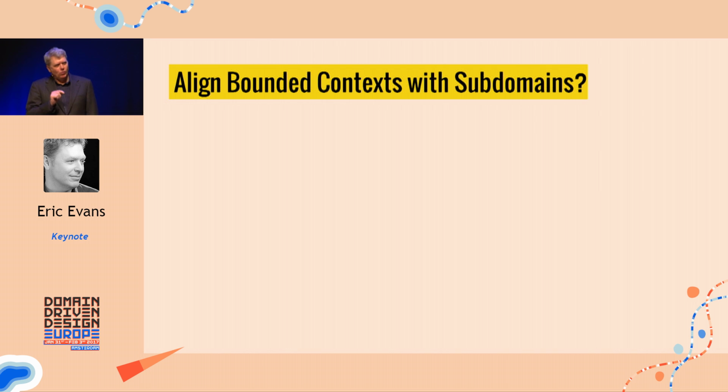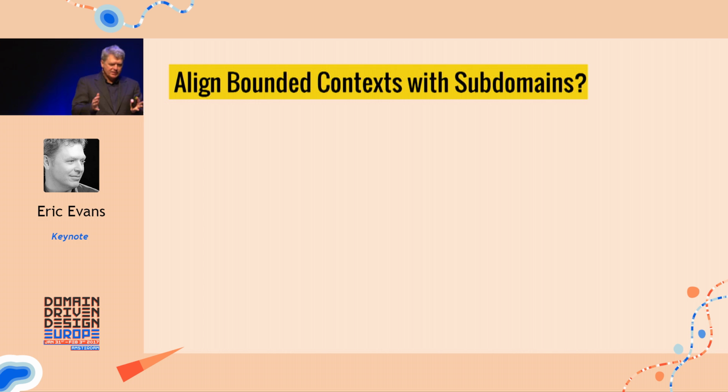Now, one of the common things that gets us slipping into perfectionism is, okay, we have a subdomain, we'll do the accounting within a bounded context called accounting, and we'll do the purchasing within a bounded context called purchasing, and so on.